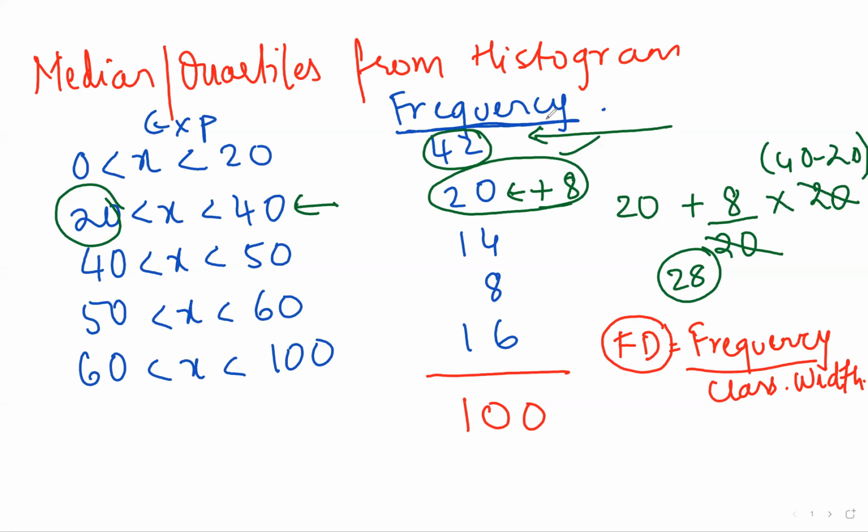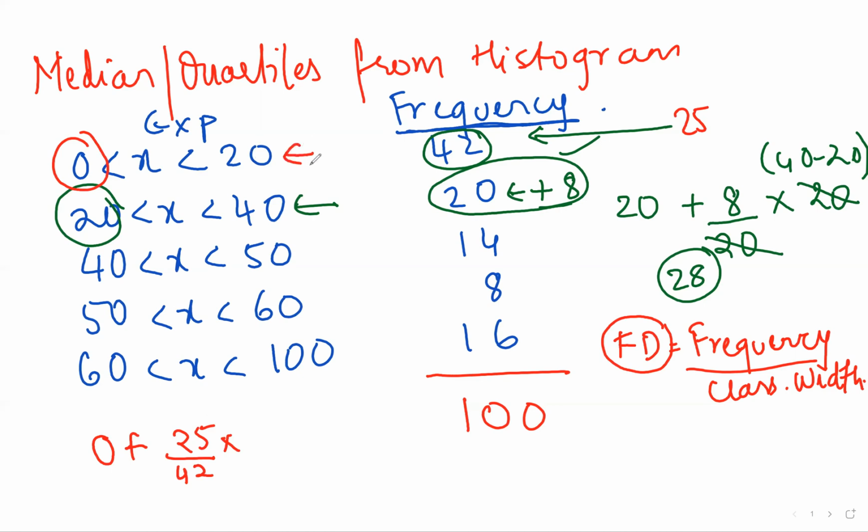So as I'm getting 25 completely from this part, my lower bound over here is 0, plus I am getting 25 out of this 42. So 25 over 42 into class width. Class width is what? It is 20.